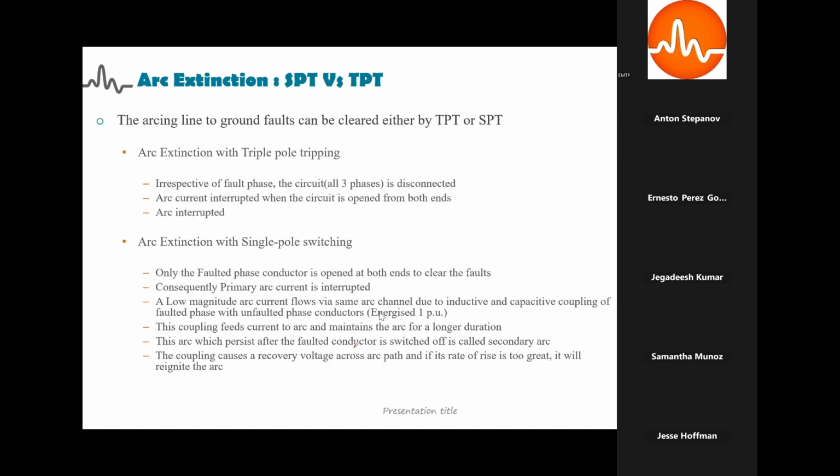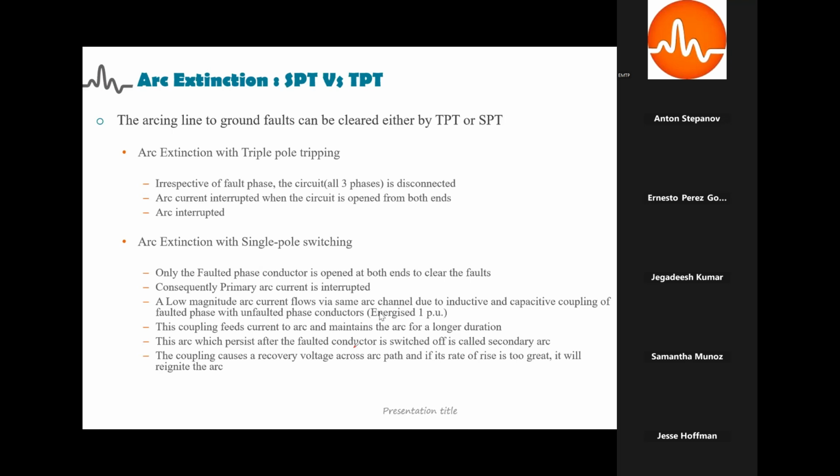Moving next, what is the difference between single pole tripping and triple pole tripping? How do they help in isolating the fault? First, in triple pole tripping, irrespective of the faulty phase, all three phases are disconnected.